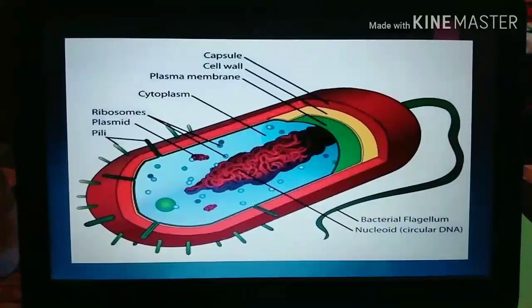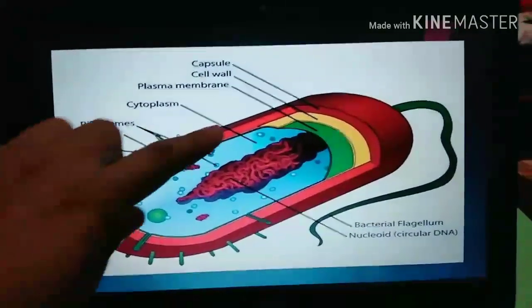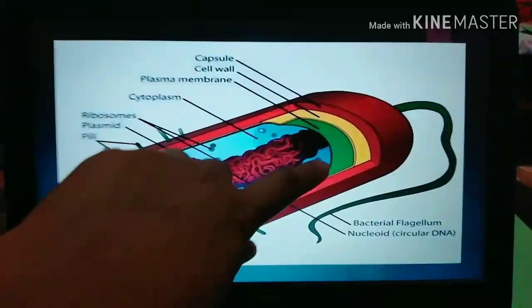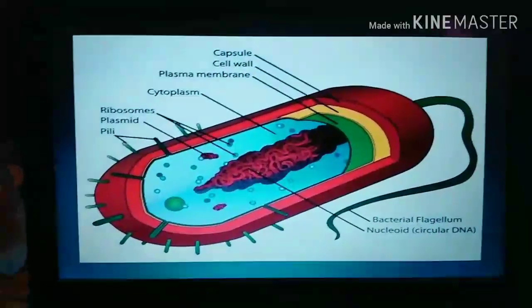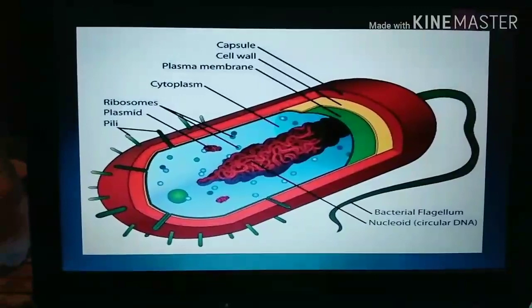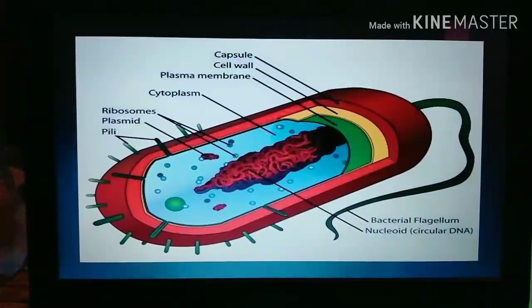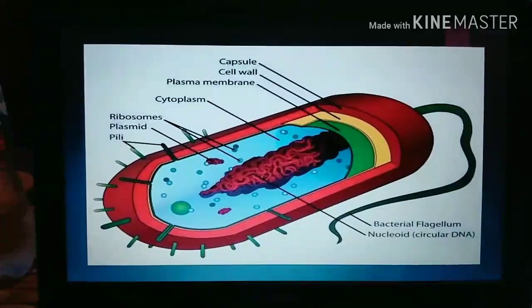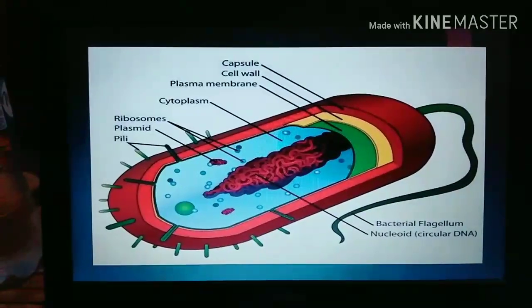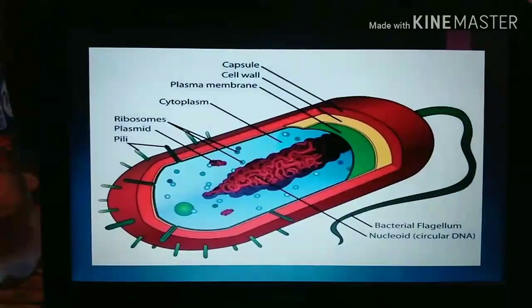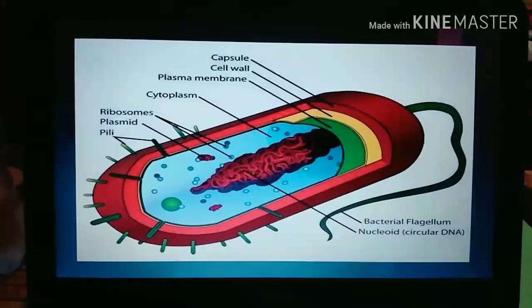Next is the cytoplasm. The cytoplasm is located here. So this is the cytoplasm. The cytoplasm or protoplasm of bacterial cells is where the functions for cell growth, metabolism, and replication are carried out.